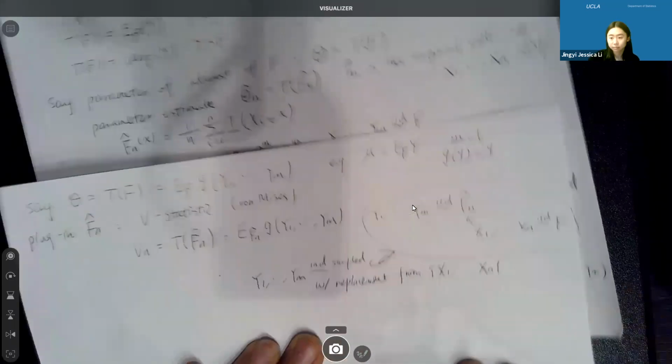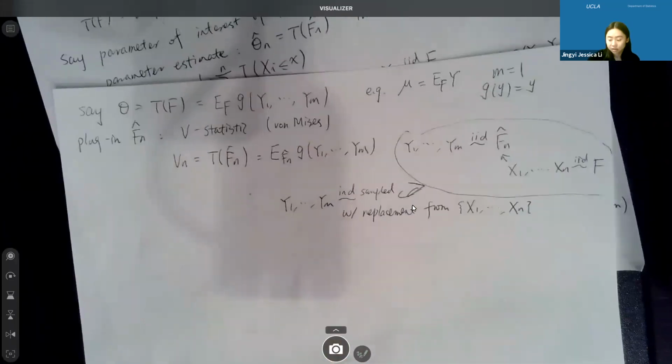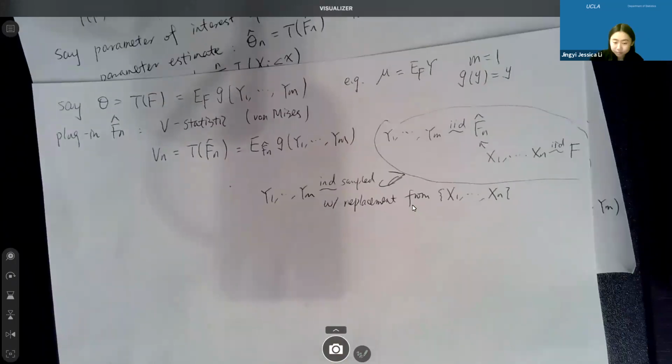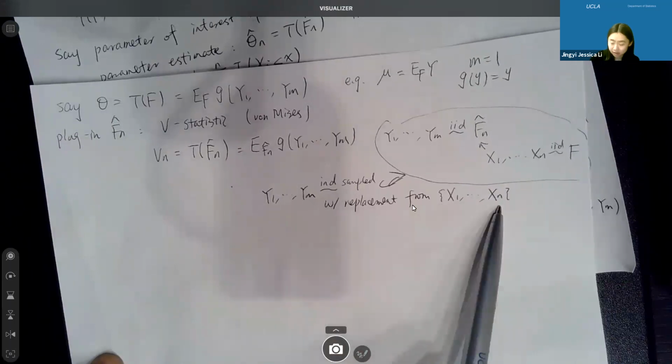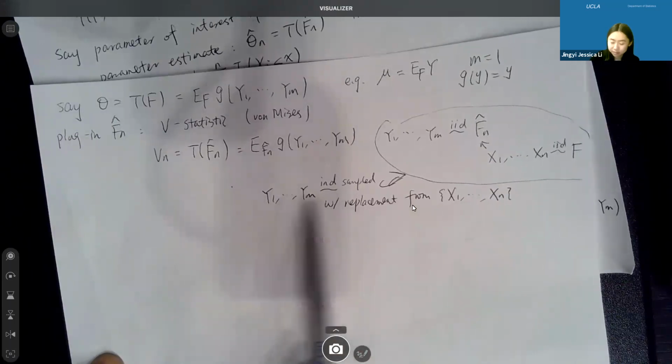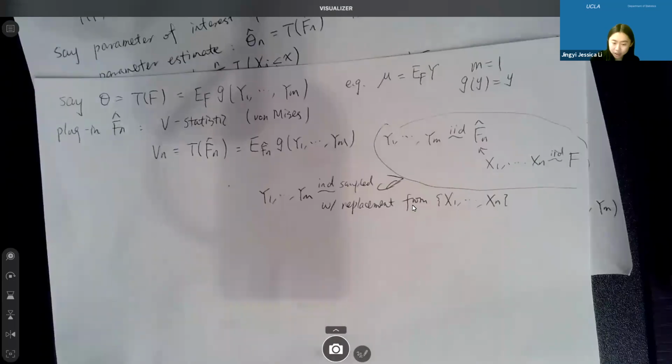That's what it means. So therefore, we would know how many possibilities there are. Each yi can be one of x1 to xn, and they are sampled independently of each other.